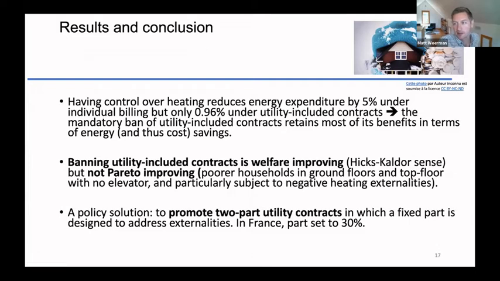Well, I'll take the chair's prerogative and ask a question. It seems like this setting, where you're going from utility-included contracts to individual contracts, is actually kind of replacing one market failure with another. The first market failure is this principal-agent problem, and then even when you're paying for your own energy, if your energy is spilling over to your neighbors, then you're providing a positive externality that you're not getting paid for.